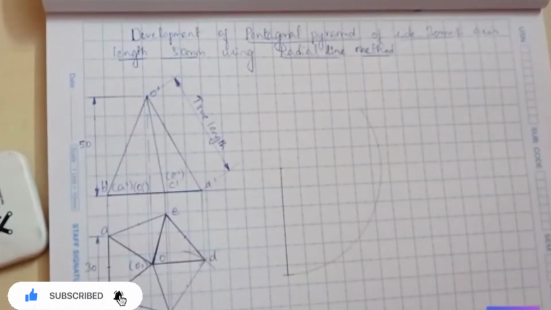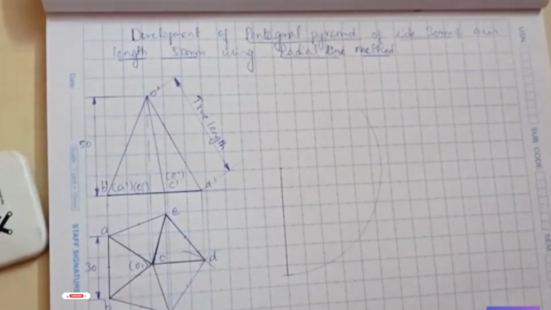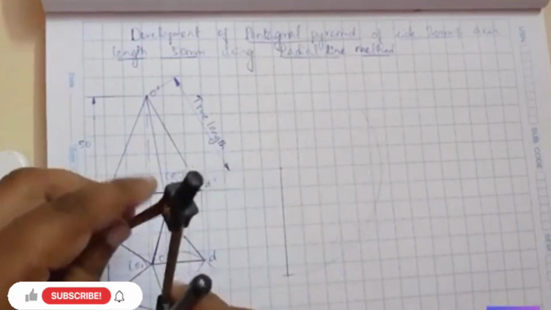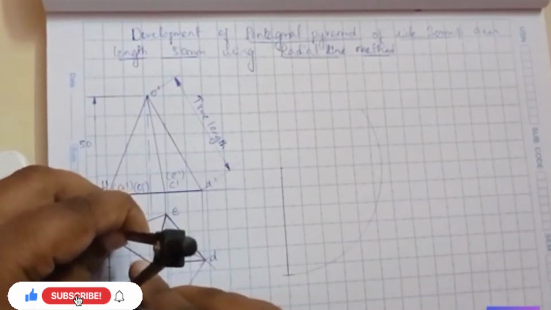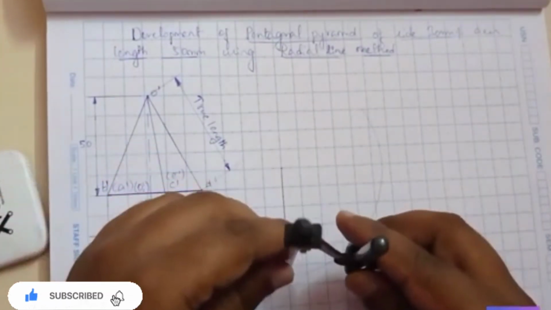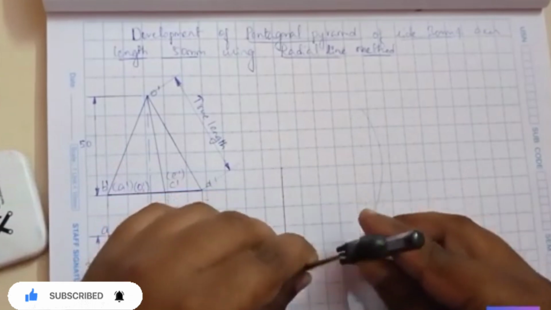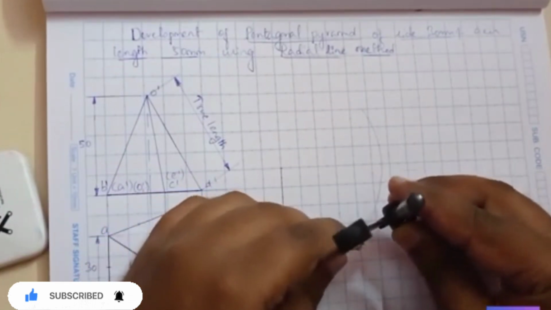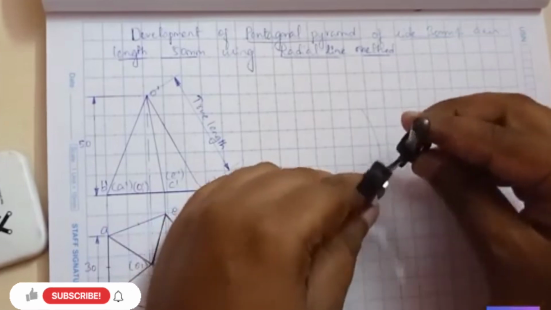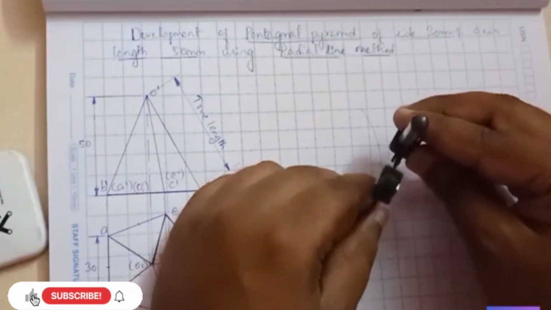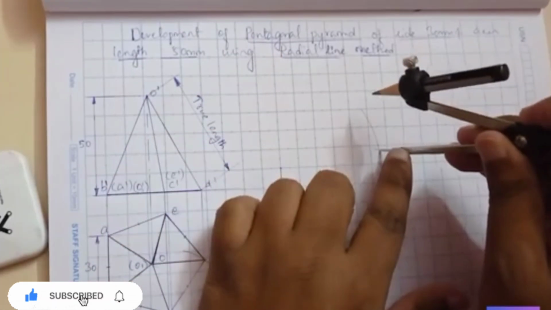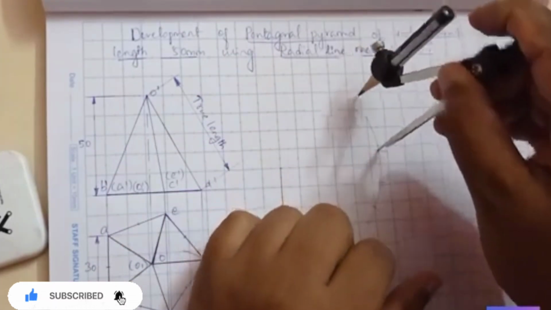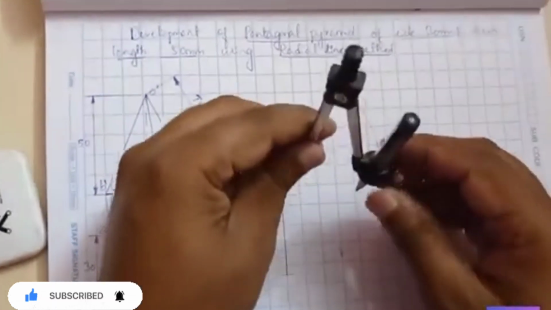Then after that, as we know that each of these edges was 30 mm, so we'll be measuring 30. Any one of the edges you can measure, so that is 30. From here you can cut it for 5 points. We can extend this, no problem.